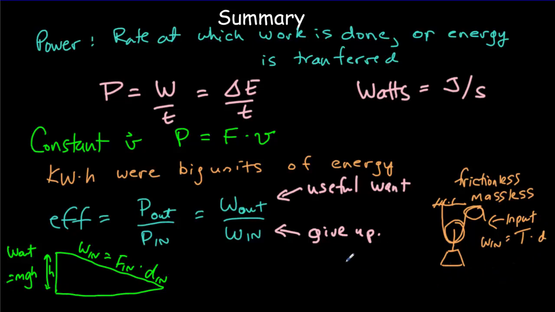And in the ideal case, that would be equal to the output work, which would be equal to 2 times the tension, because we got 2 strands lifting up the weight here, times the height that you lift your weight. And as we saw, the height would be only half as big as the distance that you got to pull through. So you get to use half as much force, but you got to pull through twice the distance.